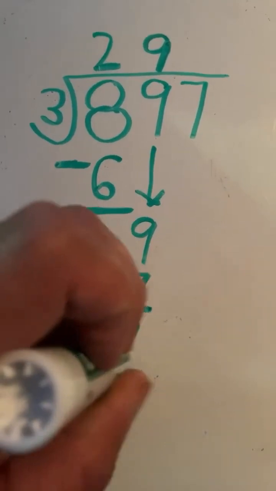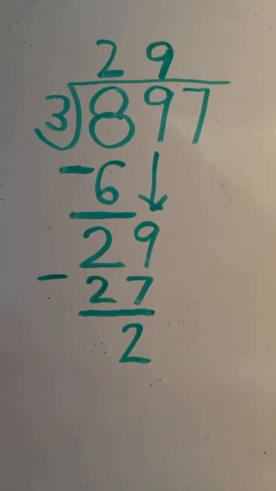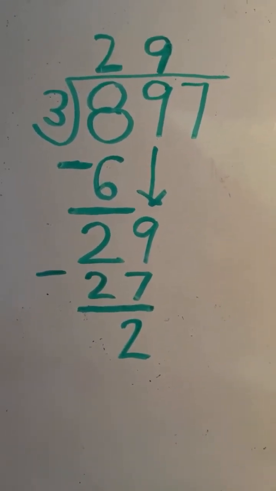So 29 minus 27 equals 2. Next, we're going to bring down the 7.